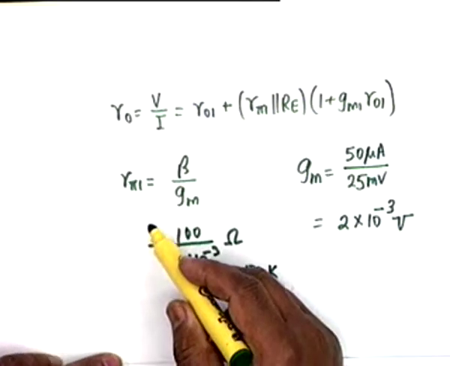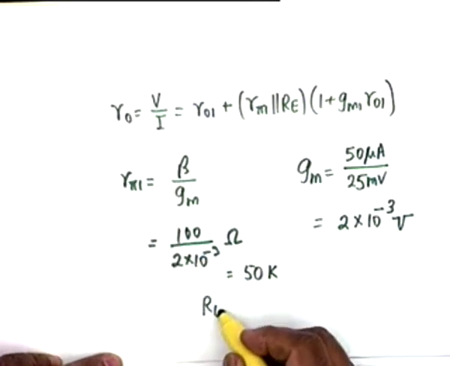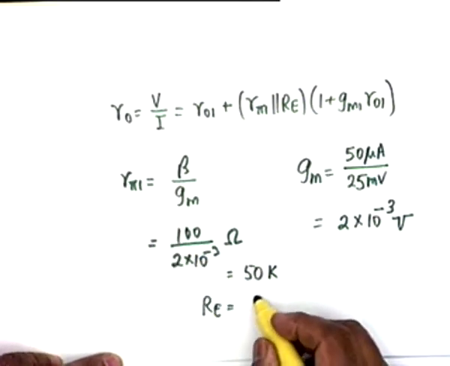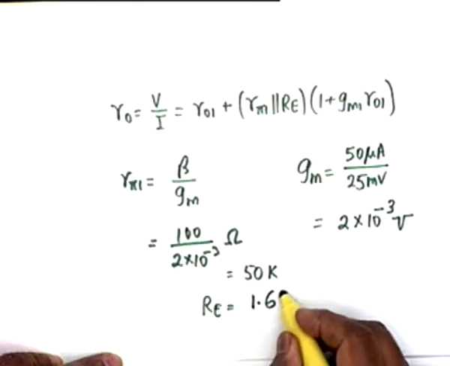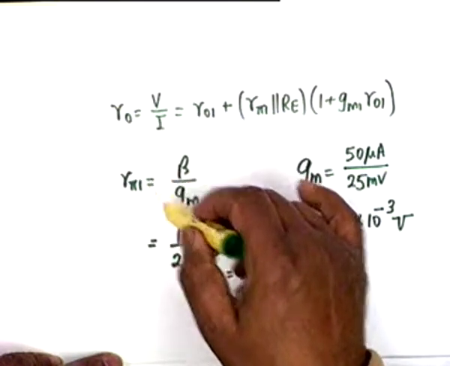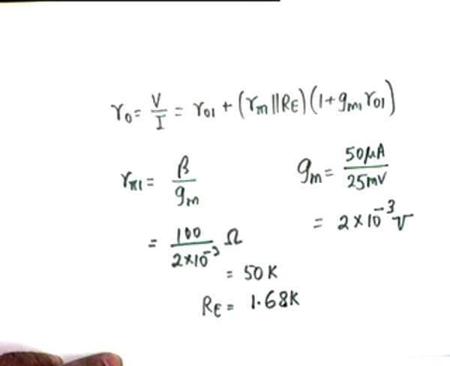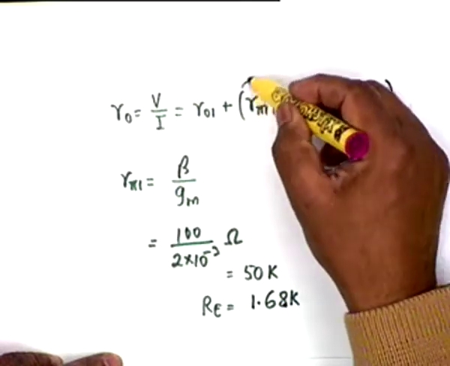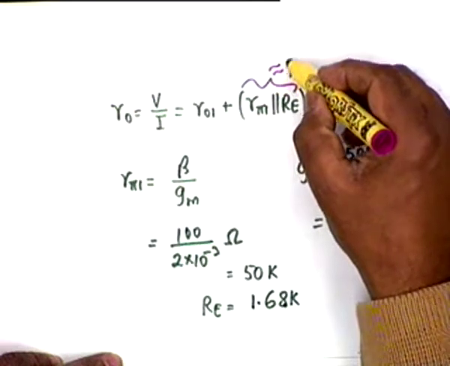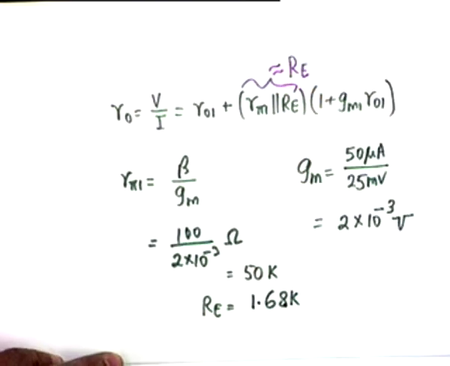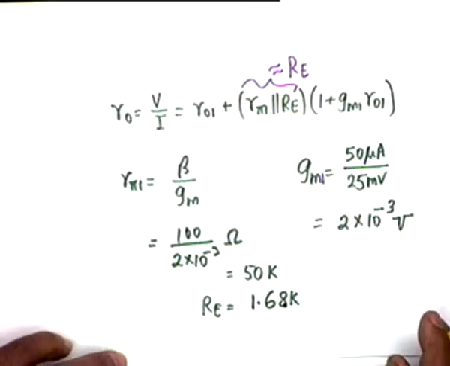So R pi 1 is 50 K, and what is RE? For the numerical example, it was 1.68 K. Therefore, R pi 1 is much greater than RE, which means that this quantity is approximately equal to RE.